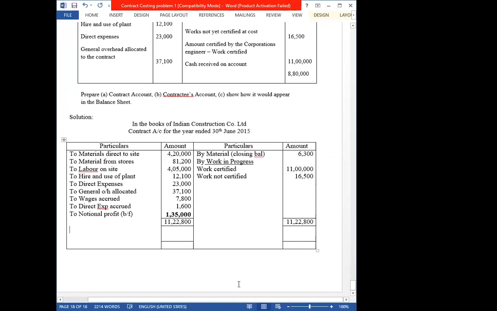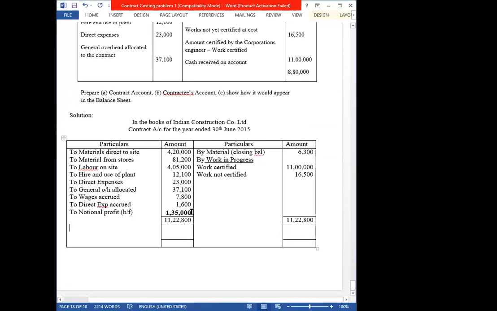After this, we have to segregate this notional profit into two, that is, one is P&L account, another one is reserve. The entire profit cannot be considered as profit because this contract is not completed. Once it is completed, then only the profit can be considered as profit.